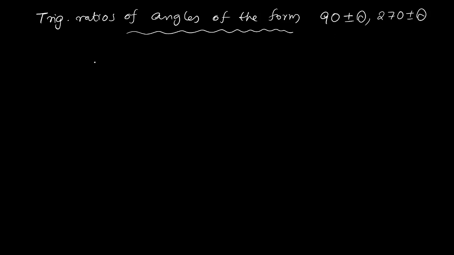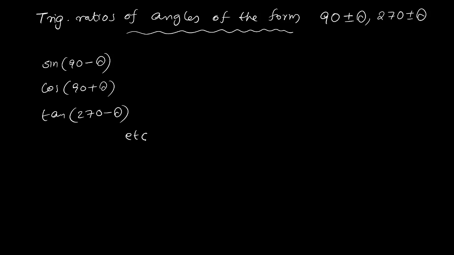Remember, questions like sine 90 minus theta, or cos 90 plus theta, or tan 270 minus theta, etc. But you need not memorize all these things. I will give you a general method.